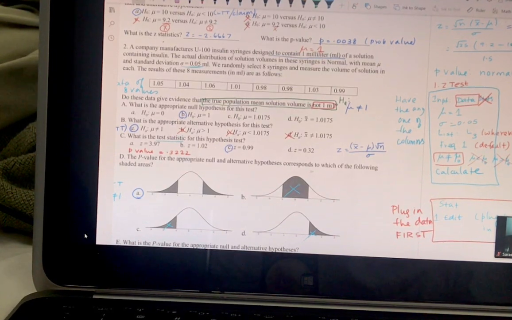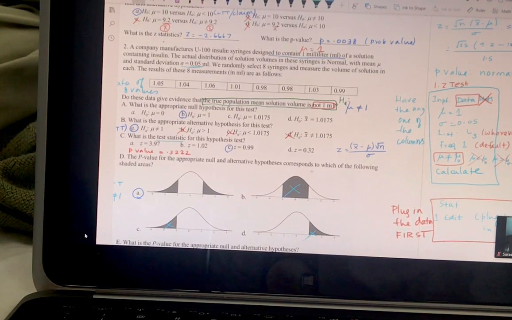So as long as my Z-score is between negative 1.96 and positive 1.96, it's clear. I will never reject my null hypothesis. Only if my z-score is above 2 standard deviations or below negative 2 would I reject my null hypothesis, as long as my alpha is 5%.